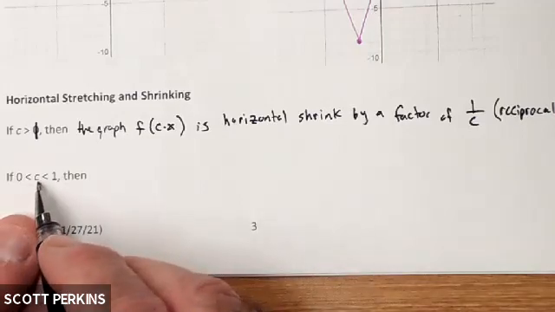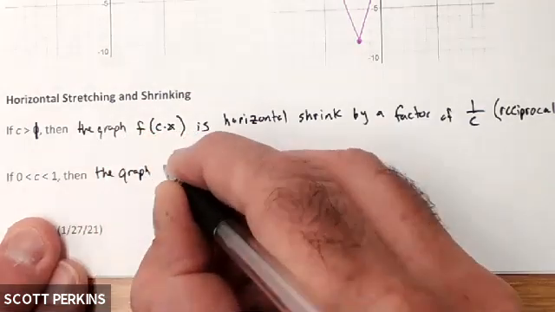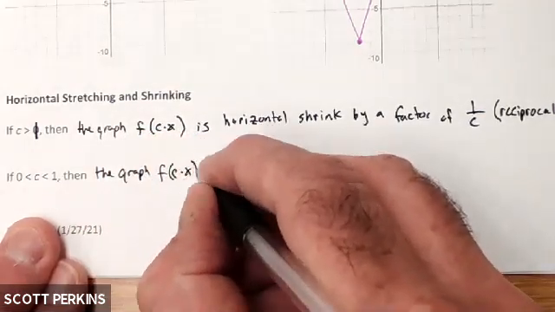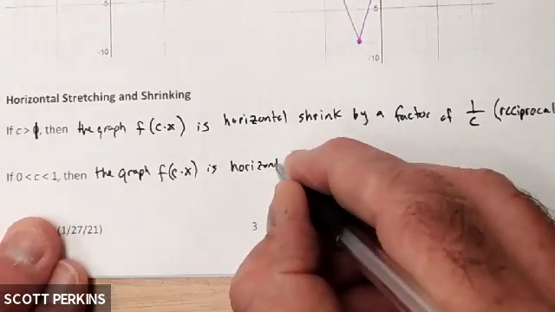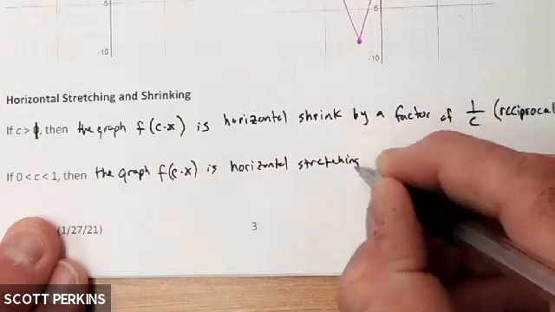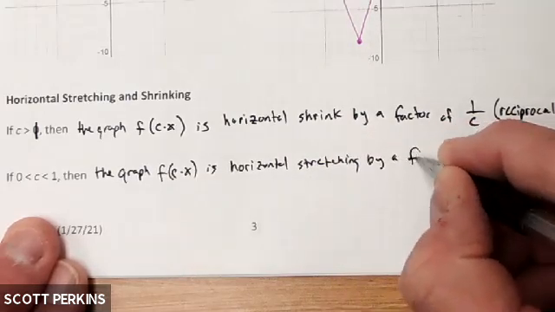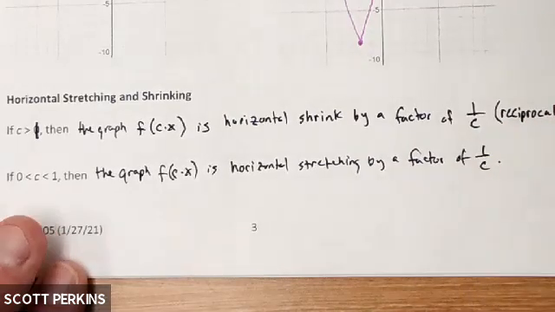So if the value of c is between 0 and 1, then the graph of f of c times x is horizontal stretching, again by a factor of 1 over c. Again, the reciprocal.